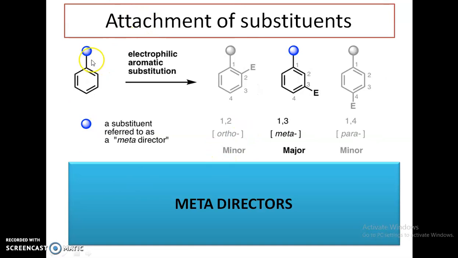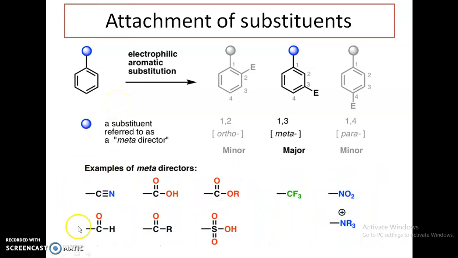However, if I have another substituent, a blue colored one, and I am getting meta as the major product on electrophilic aromatic substitution, that is on the attack of E+, then that substituent is said to be a meta director. Who all are meta directors? Meta directors are cyano, aldehyde, acid, ketone, ester, sulfonic acid, CF3, NO2, quaternary ammonium. All these are categorized as meta directors because the attack of the incoming electrophile takes place at all three positions ortho, para, meta, but the major one is meta.